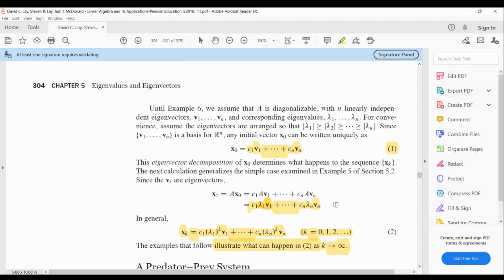The fact that x sub 0 can be written as a linear combination of the eigenvectors is true because the eigenvectors form a basis for the space they live in. And then you've got the definition of the eigenvector and eigenvalue being used. It's great. Okay, let me stop sharing. No questions?